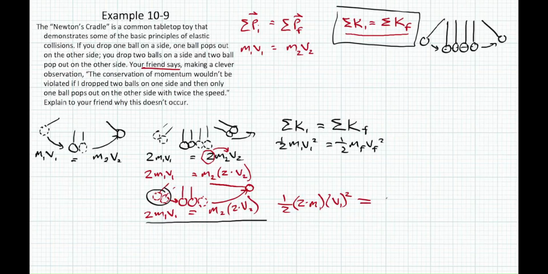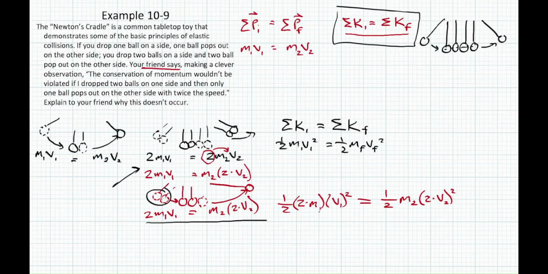That would have to be equal to 1/2 mass 2, which is really the same thing as mass 1, times 2 times velocity 2 squared. That's what we're saying. And the answer is you can't have that, because no longer is that equation balanced. Yeah, sure, the equation over here for momentum is balanced, but for kinetic energy, this is not true.